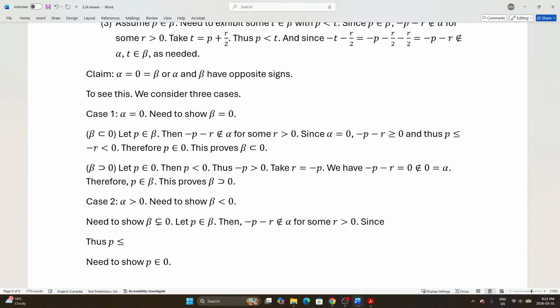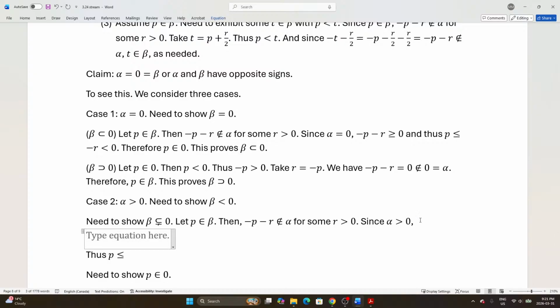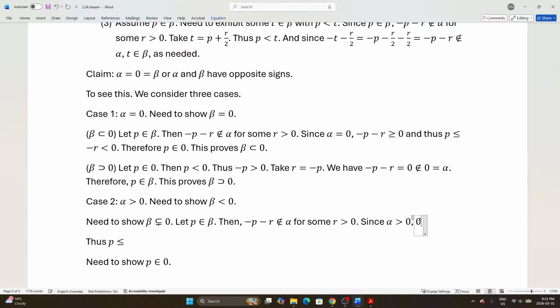Since alpha properly contains 0, and since alpha contains 0, the rational number 0 is in alpha.